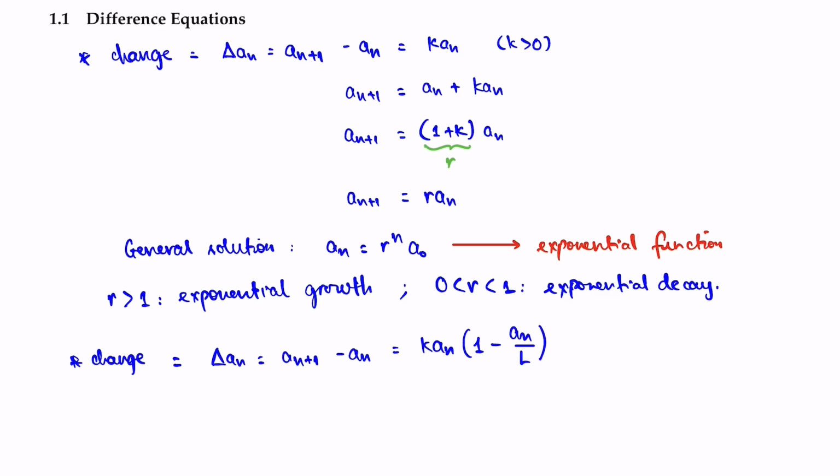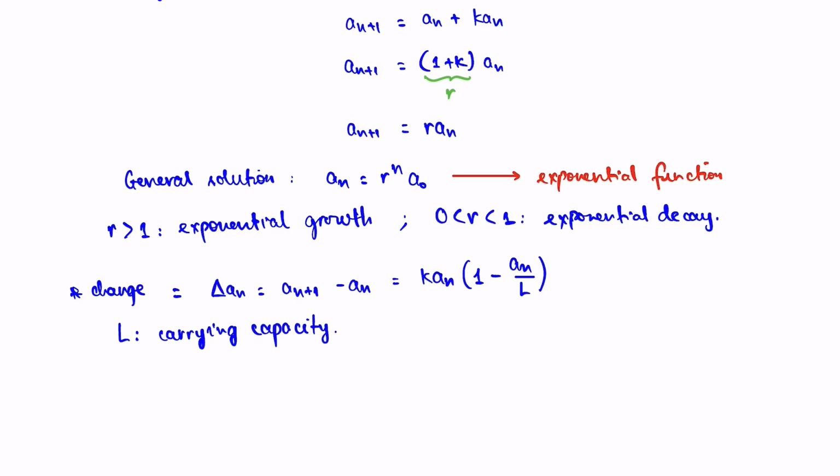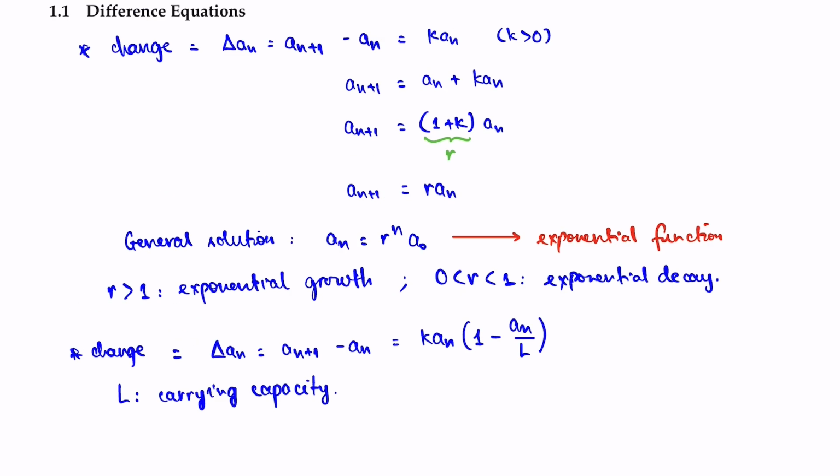This model is more realistic because the growth of a population will reach a certain carrying capacity, and then the population will stay stable as time goes on, as t goes to infinity. Whereas with a linear growth factor, the population can grow at an exponential rate and increase to positive infinity, which is not realistic.